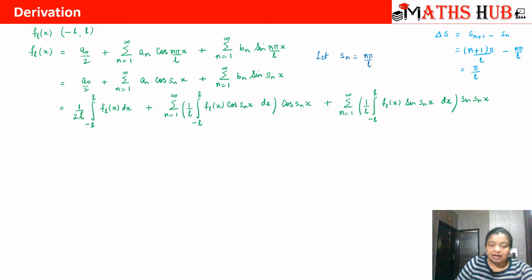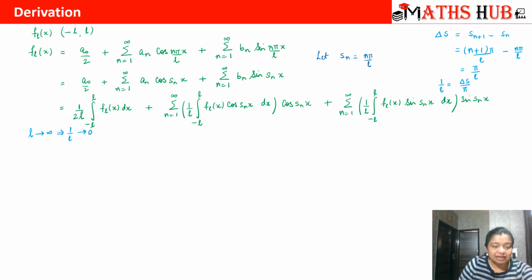Now, in the next step, we can replace 1 by L with delta S by pi. We can put this value, right? Now in the limiting case, let us take L approaching infinity. When L approaches infinity, what will happen to 1 by L? 1 by L will approach 0, right?